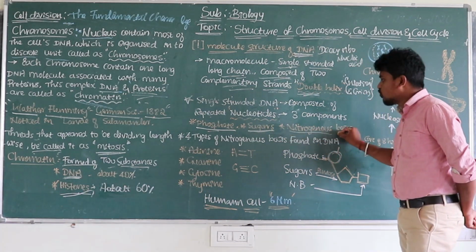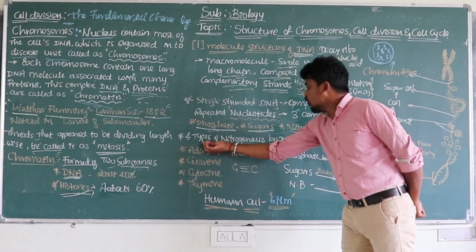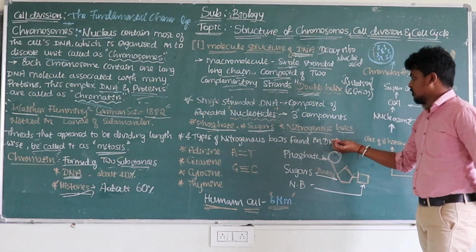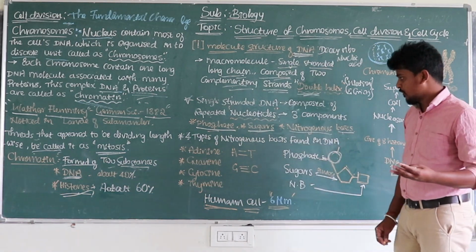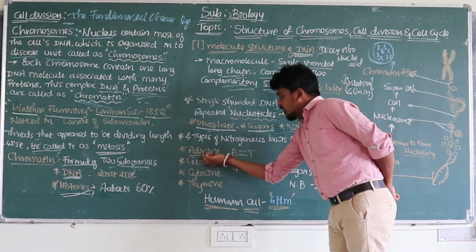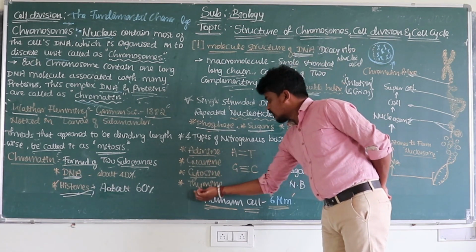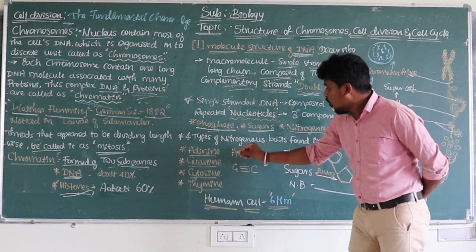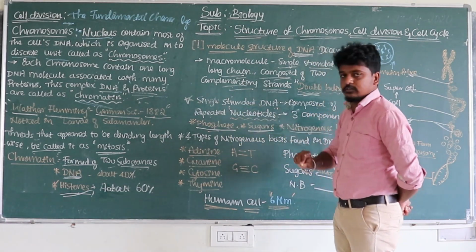The third, the nitrogenous bases. Mainly 4 types of nitrogenous bases are there. Which are those? Adenine, guanine, cytosine, thymine. These nitrogenous bases will be arranged on the surface of the nucleotides.